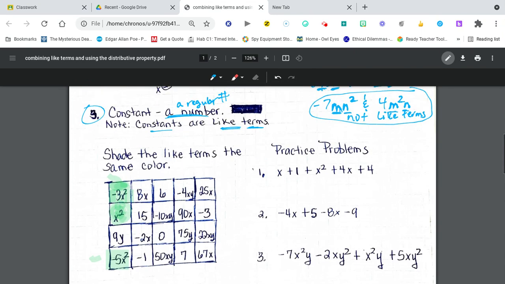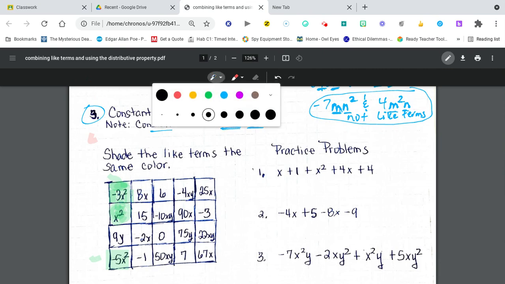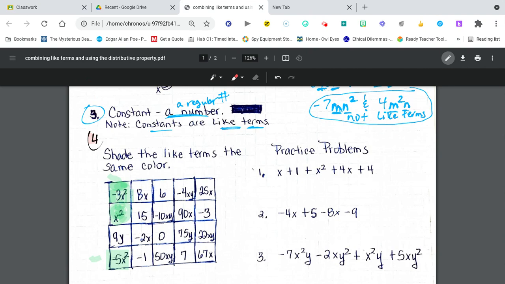And let me go over something else too. One other thing. Add this to your notes. A coefficient. A coefficient is a number attached to a variable.